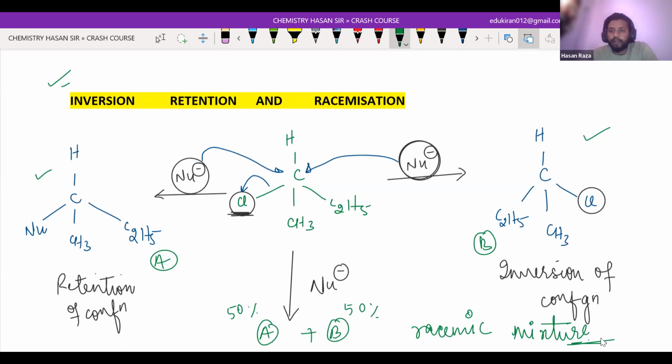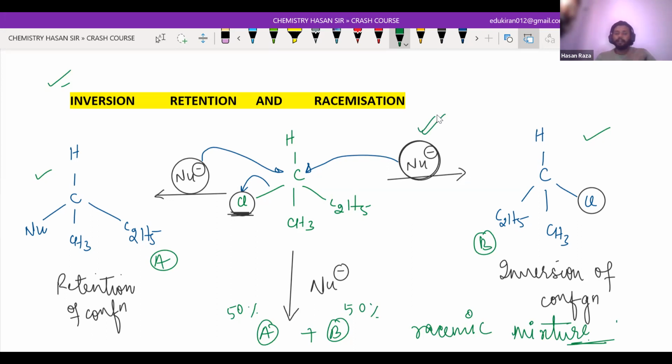So in SN1 you will get racemization, and in SN2 you will get only inversion of configuration, because in SN2 only back attack is possible.